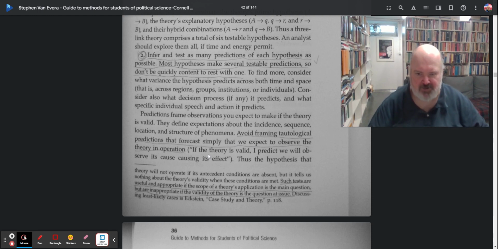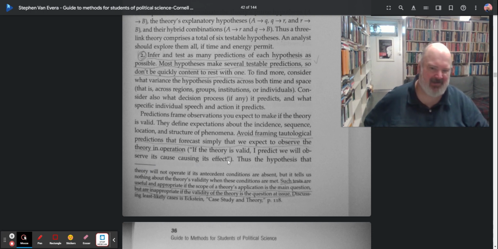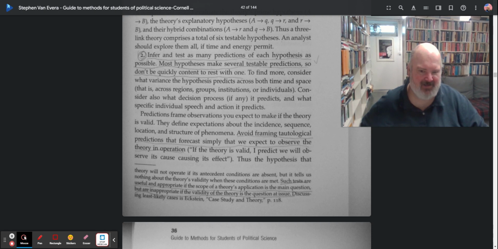Avoid framing tautological predictions that forecast simply what we expect to observe in the theory's observation. If the theory is valid, I predict we will observe its cause causing its effect. Okay, that's obvious. No, that is a tautology. Something is valid because we know that it's valid because it's valid.